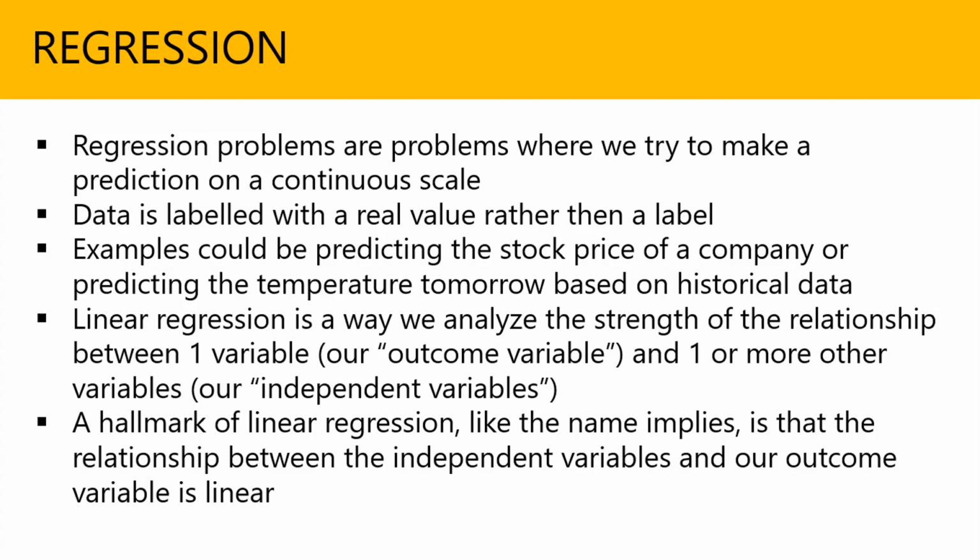The neat part about linear regression, like the name implies, is that the relationship between the independent variables and the outcome is linear. You may have come across this mathematical equation such as the slope of the line. If you've worked with it, perfect. If not, just understand the concept of regression for now. That's one algorithm that we can use.